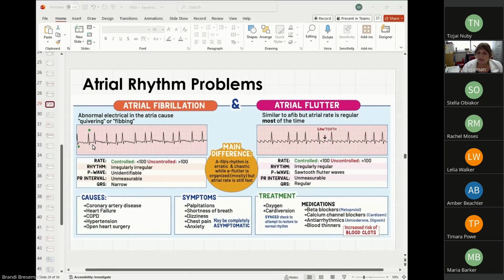Now, in comparison, a flutter is also irregular, but it looks like a sawtooth. You can identify your P waves. Do you see how this looks like a sawtooth? Like the blades of a saw, the teeth of a saw, right? And you can actually count them.